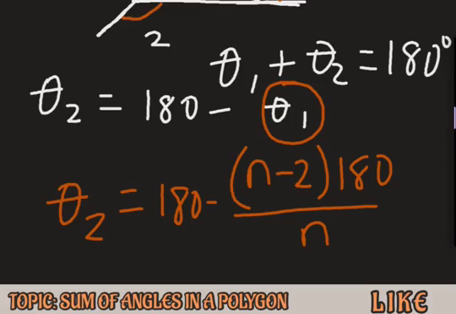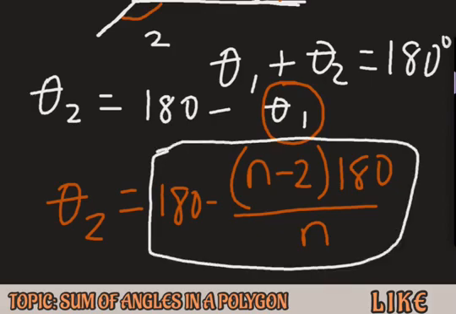So, for example, if we are talking about a pentagon, which is a polygon with 5 sides, it means we have 5 exterior angles, and this value is the value for just one of those exterior angles. So, if we are to get the sum, what do you think we will do? We will simply multiply this by what? By 5. Good. Now, let's assume we don't know the number of sides, so we are just assuming it's n. So what do we do? We will rather multiply this by what? By n. Good.